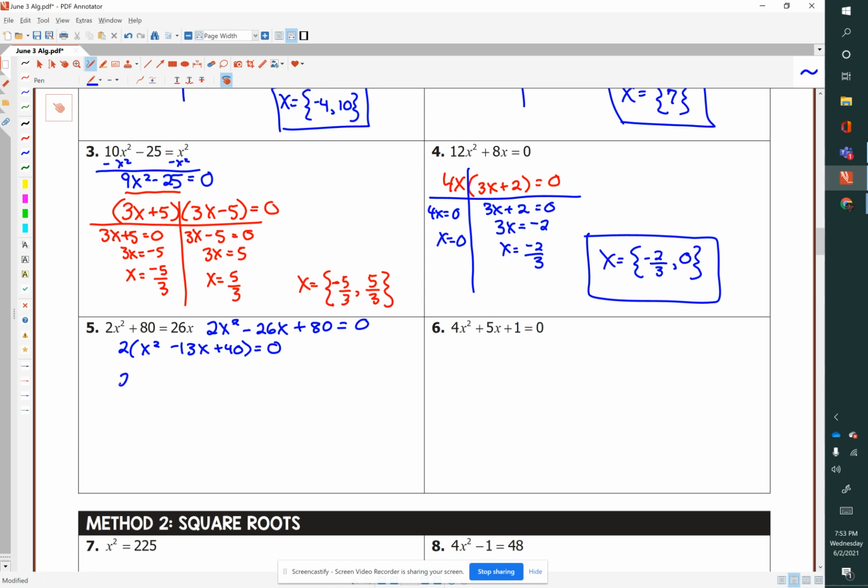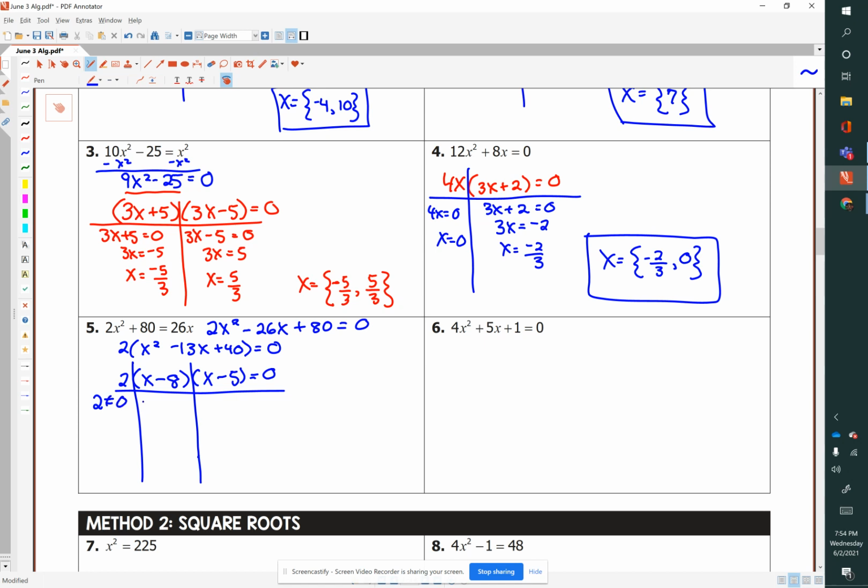So we have 2 times x minus 8, x minus 5 equals 0. Let's set that all equal to 0. So 2 cannot be equal to 0, so we've got a false statement there.